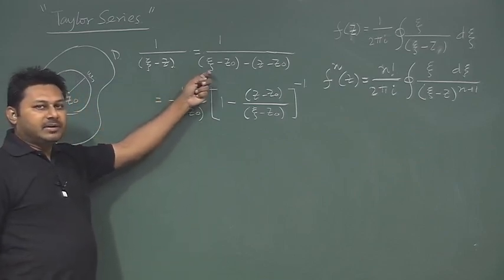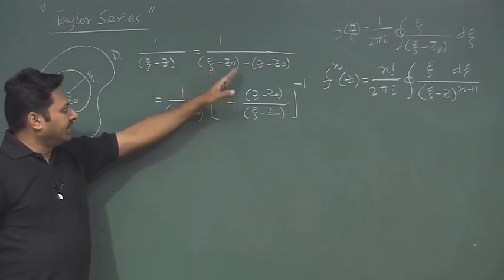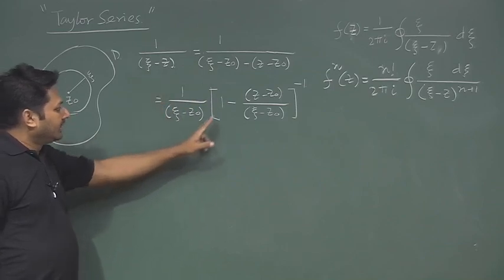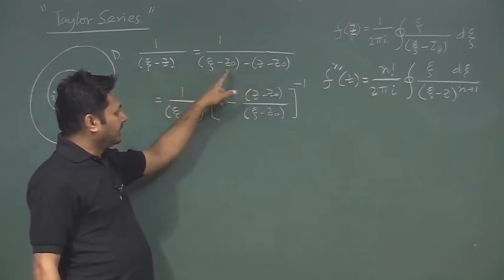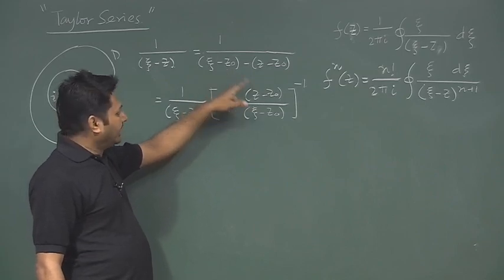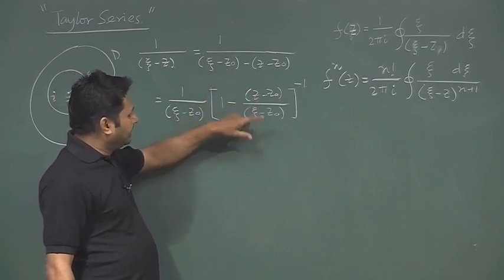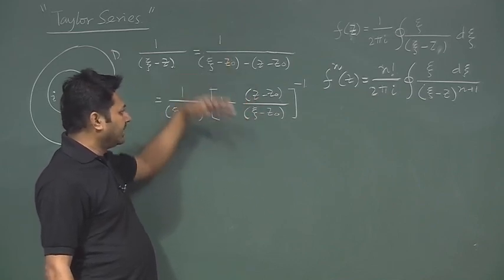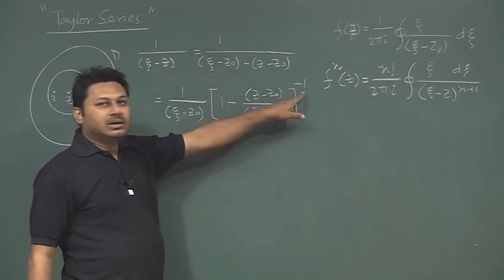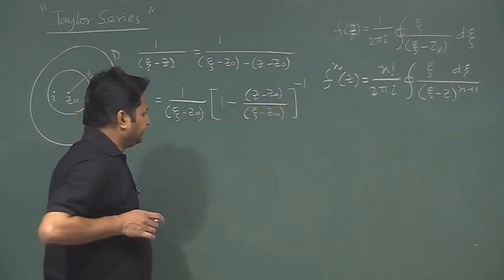Again I rewrite the same expression in a different way. I take this common outside, then it will be 1 minus z minus z0 divided by xi minus z0, with the power minus 1.